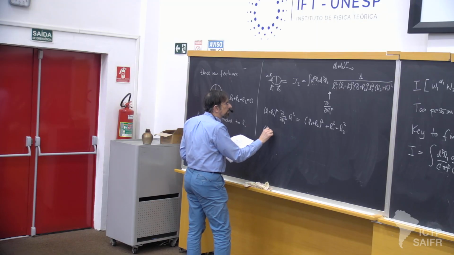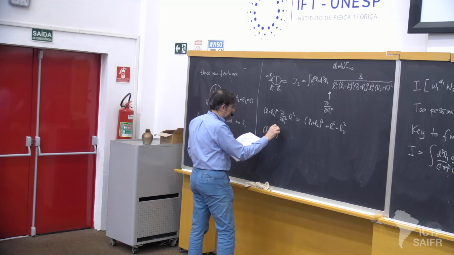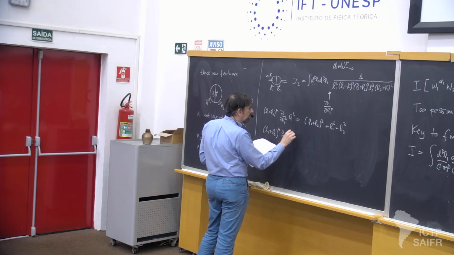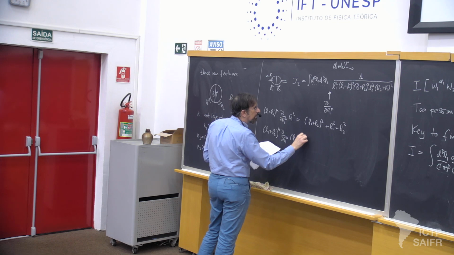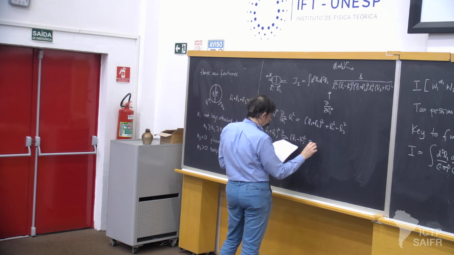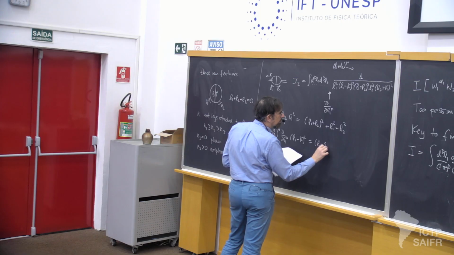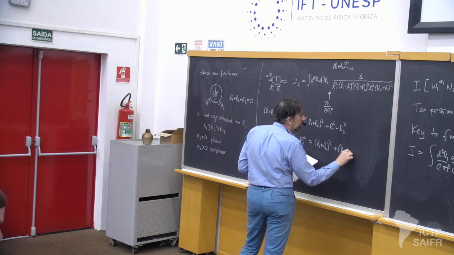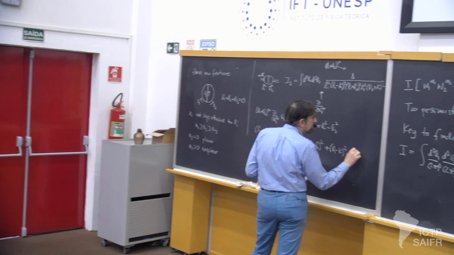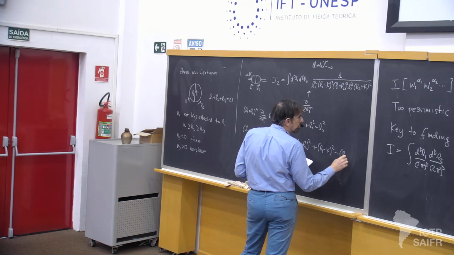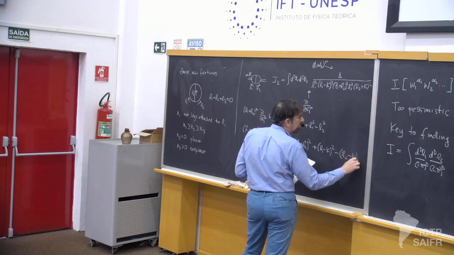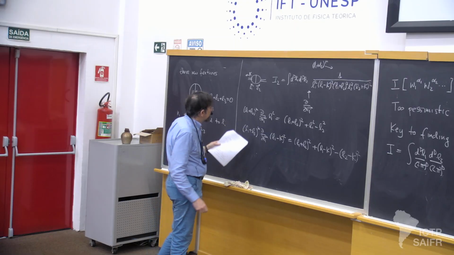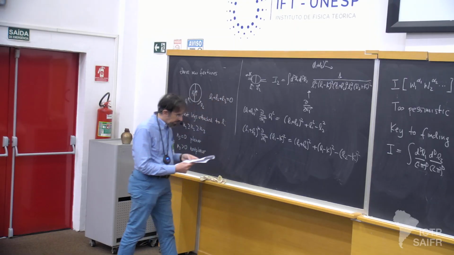Let me just write out one more of them. So you can see that even though we're differentiating here just with respect to one of the loops, both of the loop momenta get involved because of the L2 in the second term.